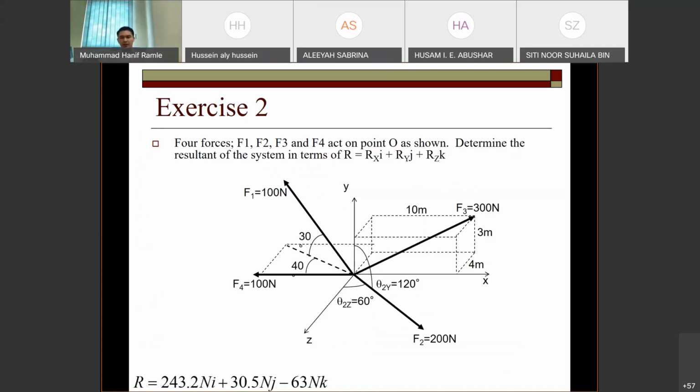For F1, of course, you have to use the second angle method. F2 using the first angle method. F3 using the coordinate method, and F4 is straightforward. F4 needs no method. You can get the IJK form straight away. Okay, so do it now.